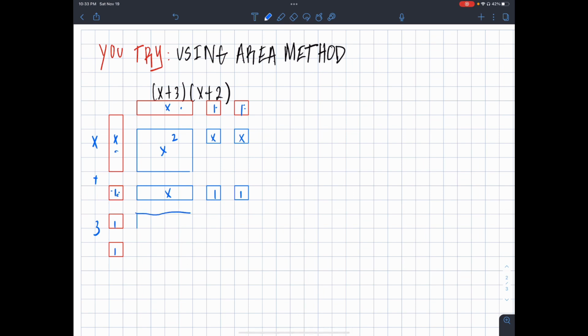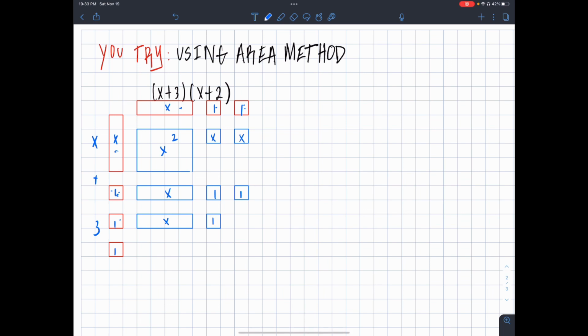And then you just repeat this method until you finish on your last box. 1 times x, x. 1 times 1, 1.